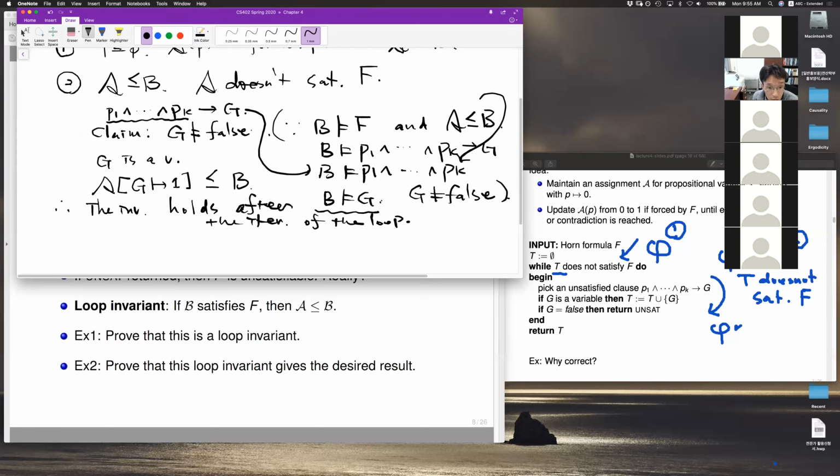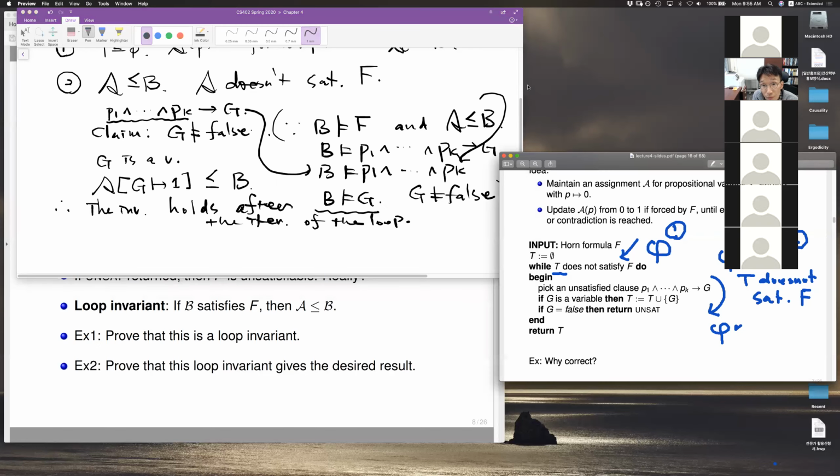What we've shown here is that G cannot be equal to false. So this return is not going to happen, which means that if there exists some assignment B which satisfies F, then we will never hit this case, because G will never be equal to false.